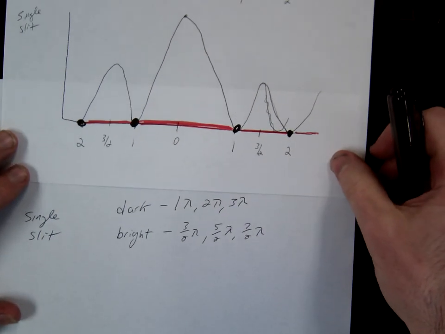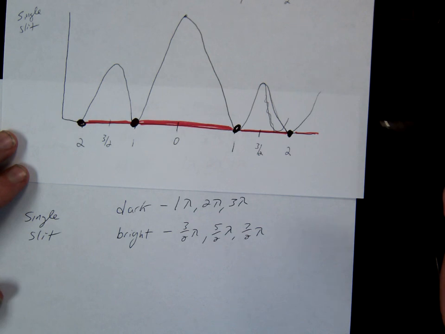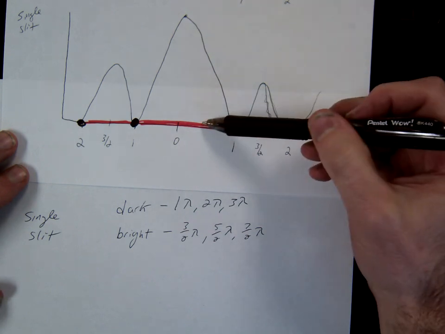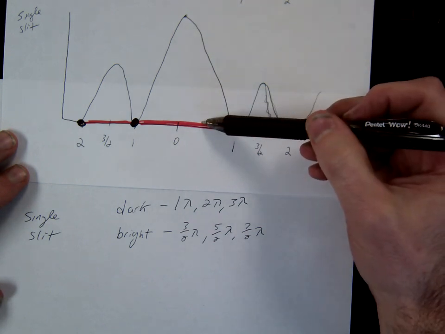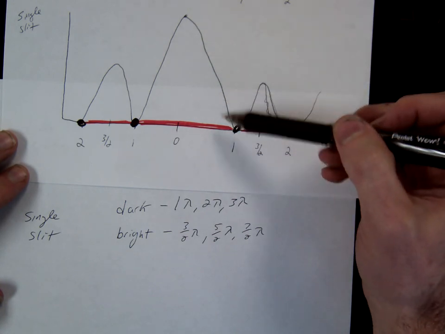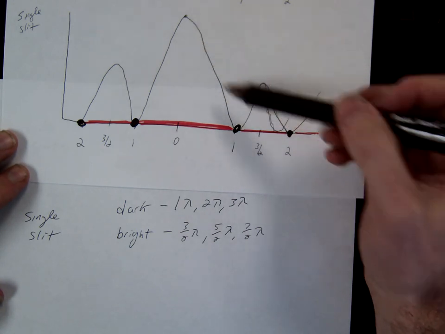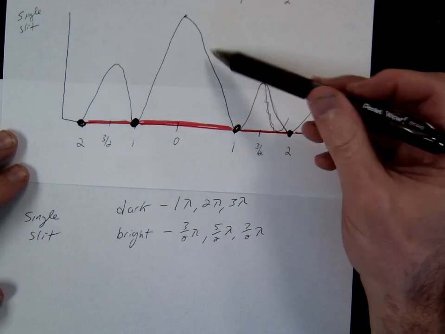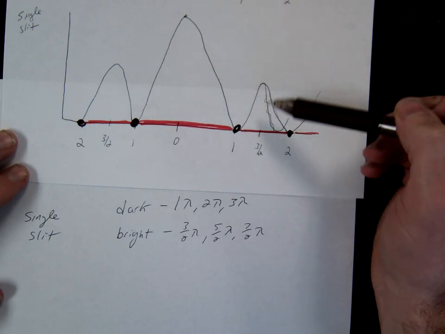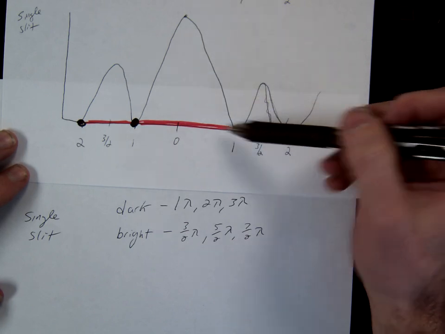Why can it not be 1/2? What's happening at 1/2? It's still the central spot, right? The central spot doesn't end until 1. And so the first bright spot cannot occur until the first dark spot happens. Otherwise, it's just a part of the central spot.